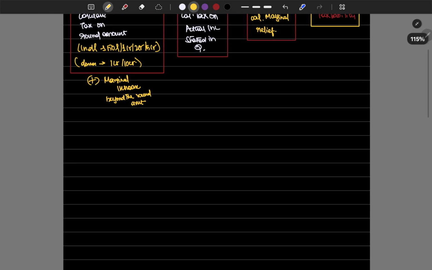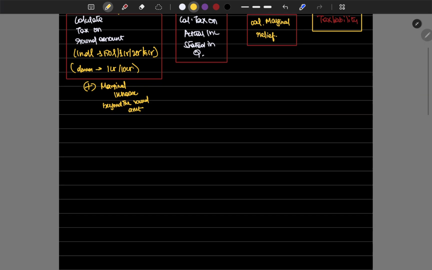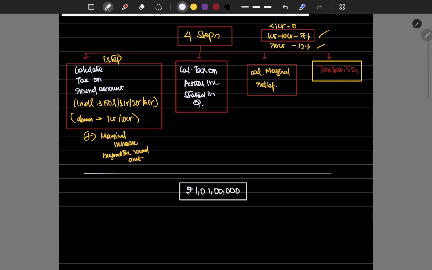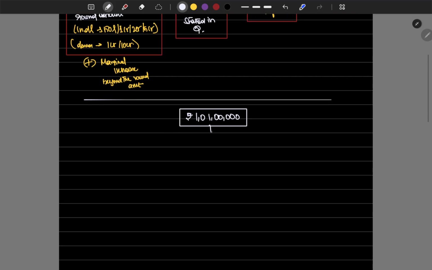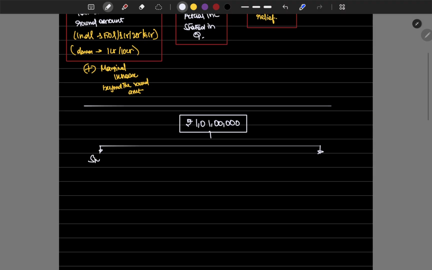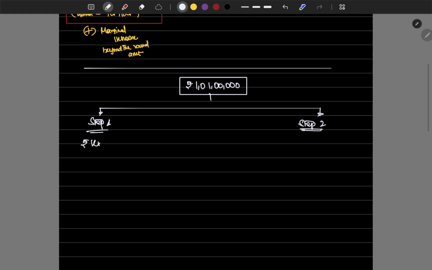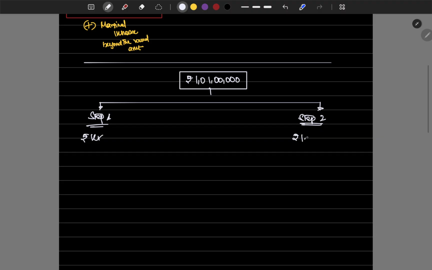Now, what's the income? The income is rupees 1 crore 1 lakh, a domestic company. The first step is the round figure we are going to take. The second step is the actual. Round figure is 1 crore, actual is 1.01 crore. Now what's the tax?